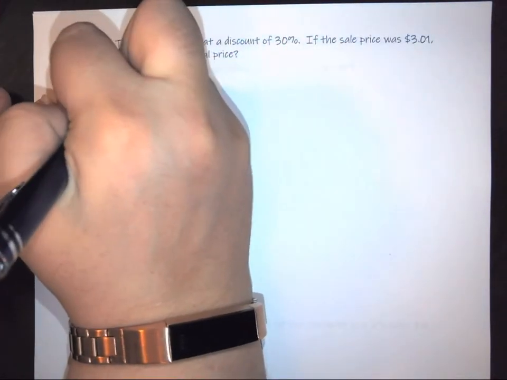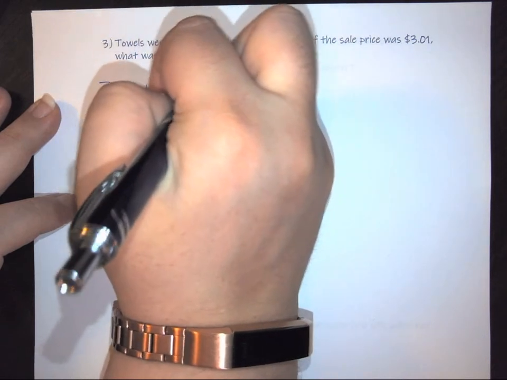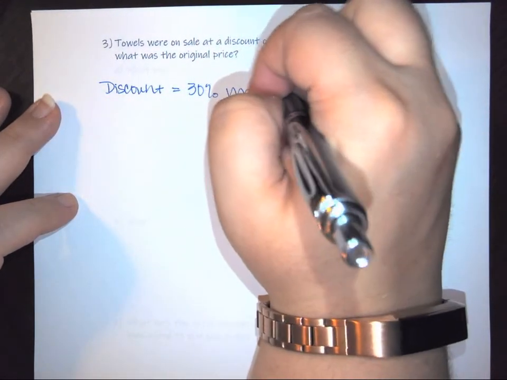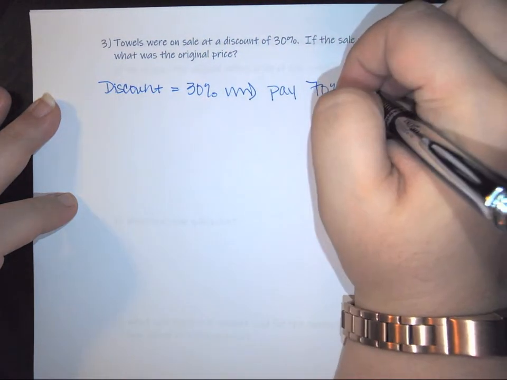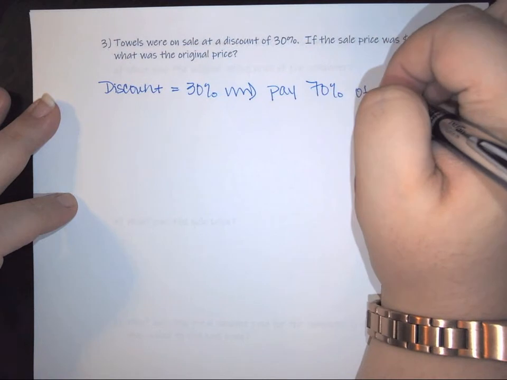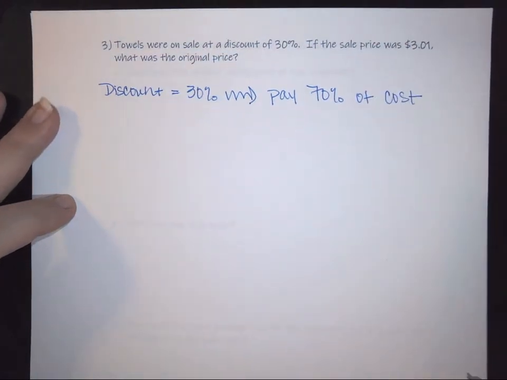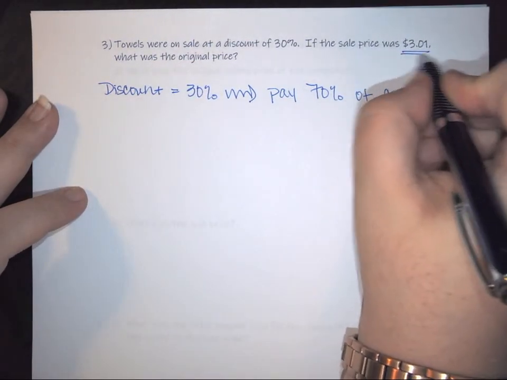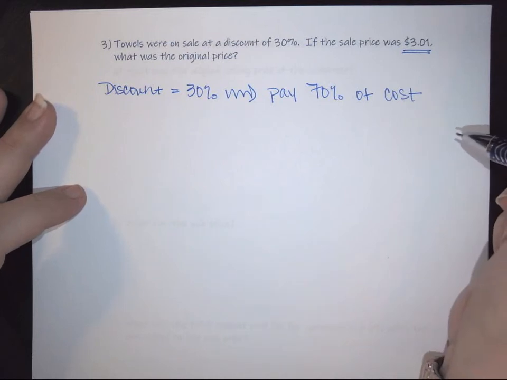So here, what we have to keep in mind is that when we are talking about a discount being 30%, what that actually means is that we are going to pay 70% of the original cost. That being said, the $3.01 is what we are paying.